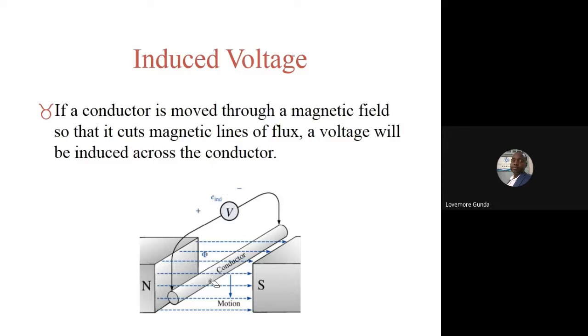So let's say you have very strong magnets, north and south pole, and you move a conductor through it, then a voltage will be induced across the conductor. This is what we call the generator effect. That's how generators are constructed. Conductors should be cutting flux lines.